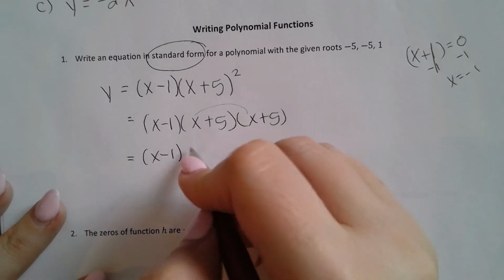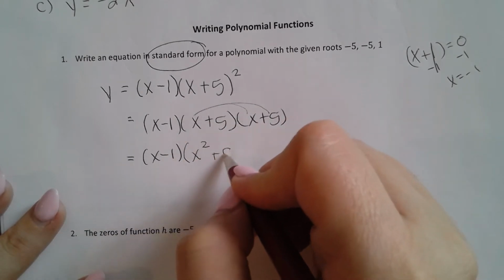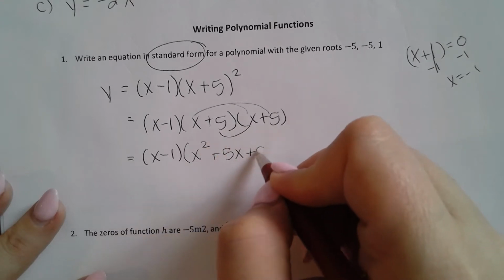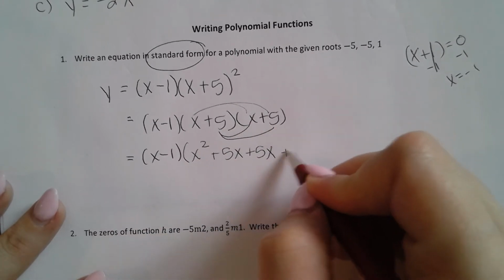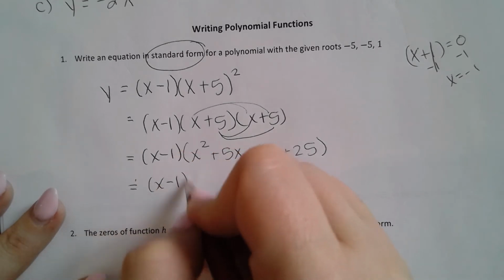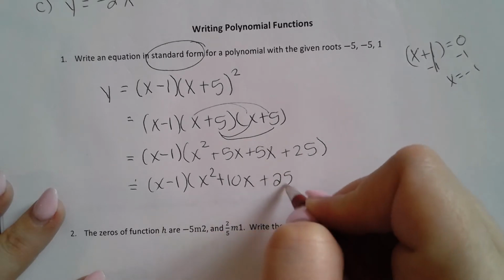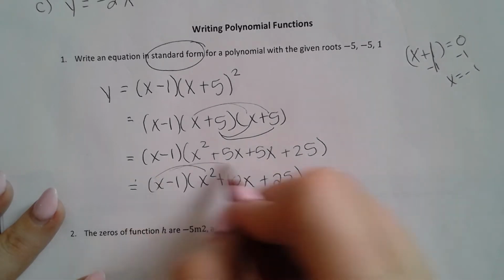So I've got x times x, x squared, x times 5, 5x, 5x, 25. Combine your like terms. And then multiply out again.